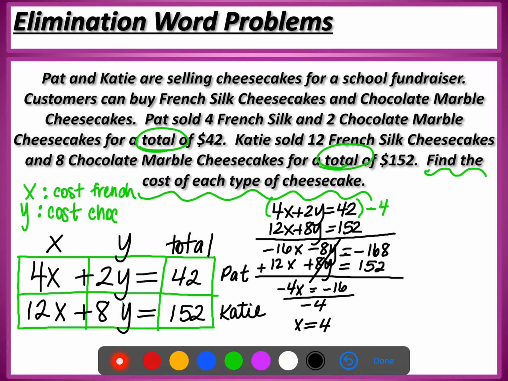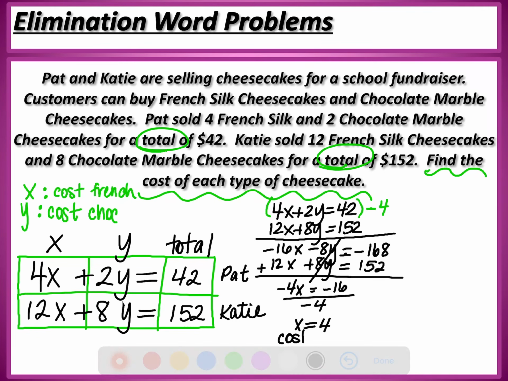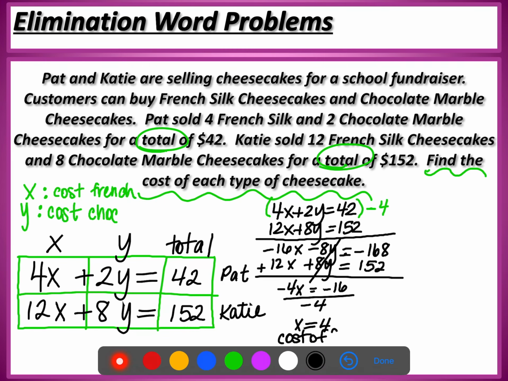Okay, and I find out that the cost of a French silk is $4.